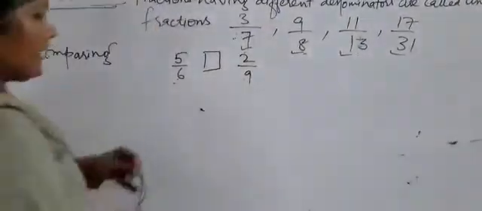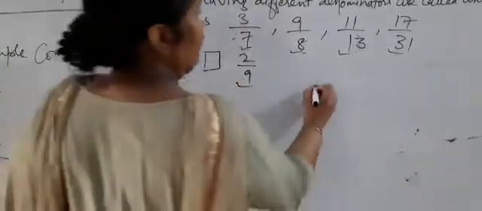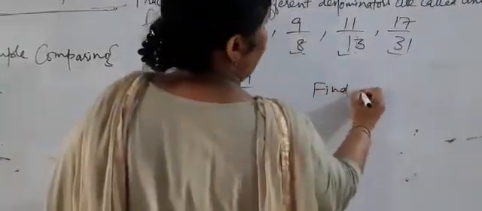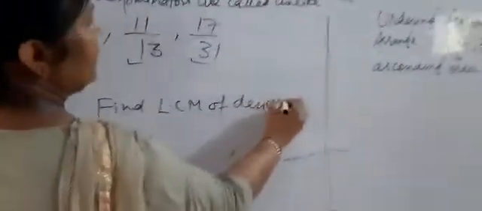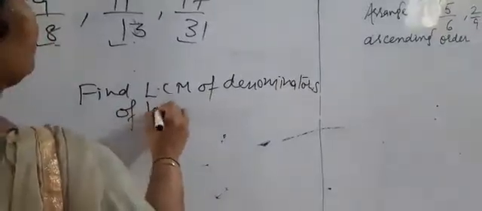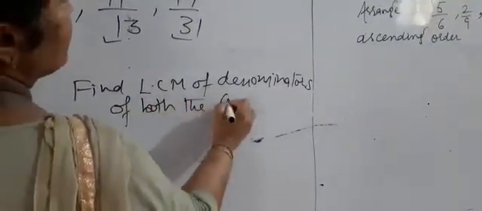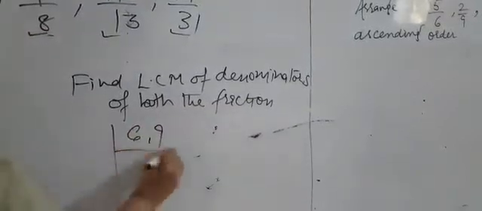What is the procedure? You will find the LCM of the denominators of both the fractions, the LCM of 6 and 9.